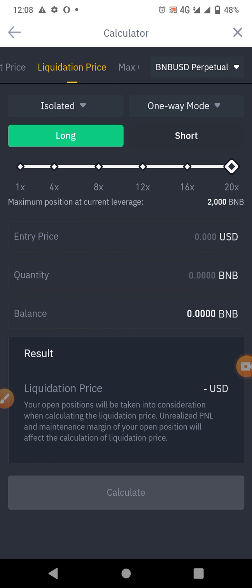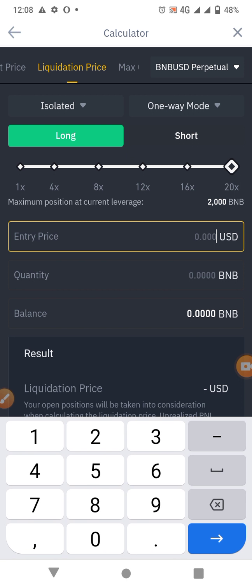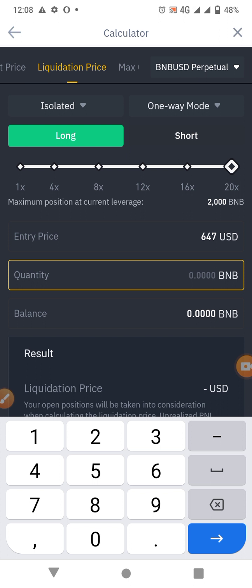So now see something. Liquidation price. BNB is at $647. I want to buy BNB. You get me? I want to buy long because I believe BNB will continue rising. And I want to calculate, if BNB did not later rise, what price will BNB reach before I start losing my money?